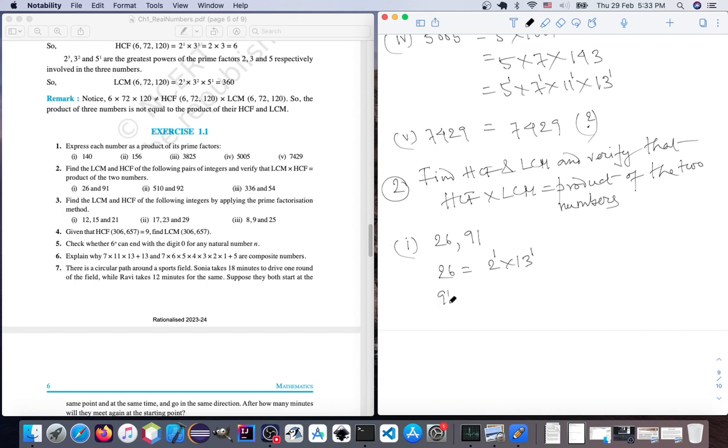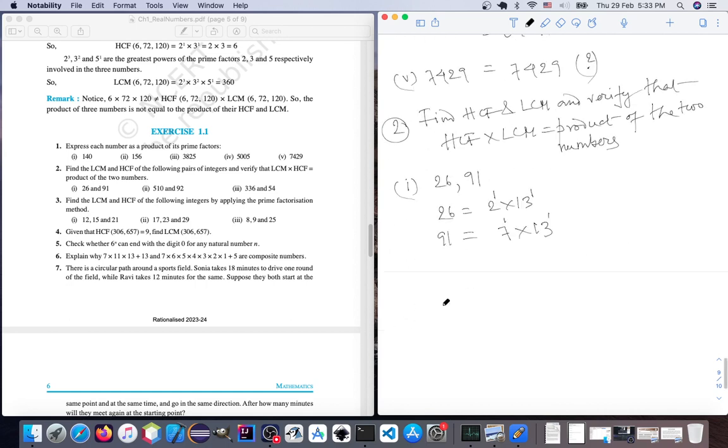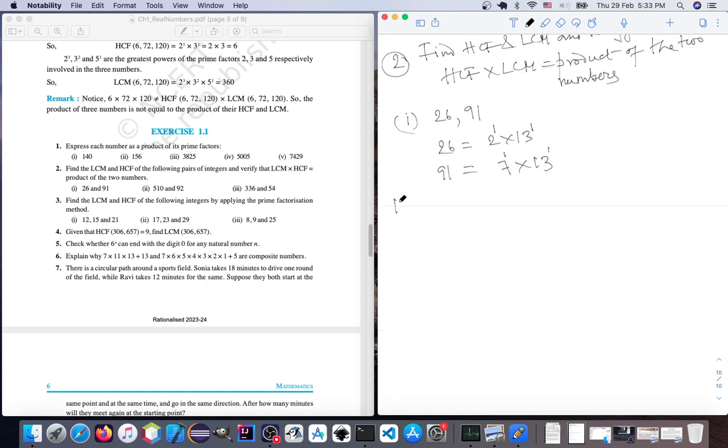What about 91? 91 is 7 into 13. Now HCF of 26 and 91: first we write down the common factors.